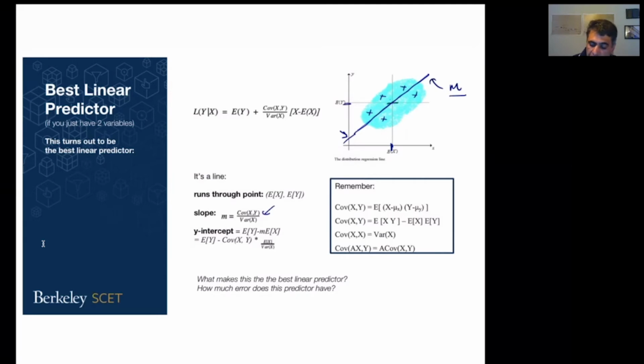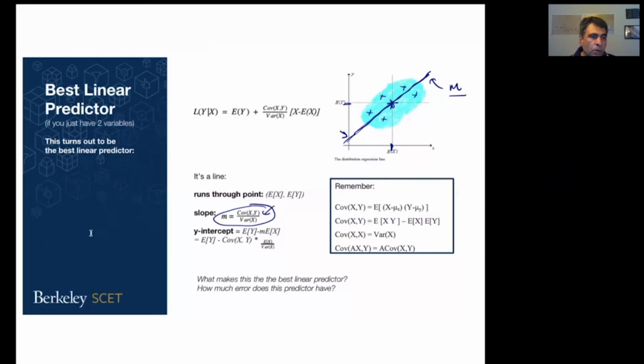If you look at that one point, which is right in the middle of the x and y, and you have your line run through that point with a slope that has that ratio of covariance xy over variance of x, then you basically have the best linear predictor.